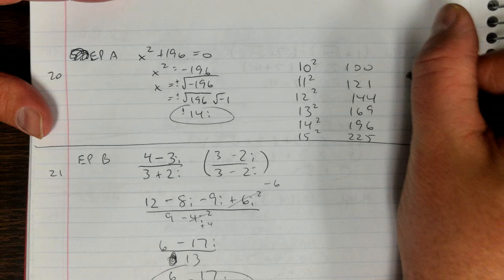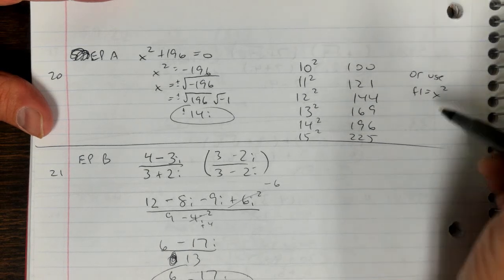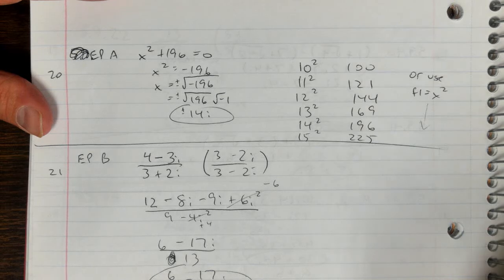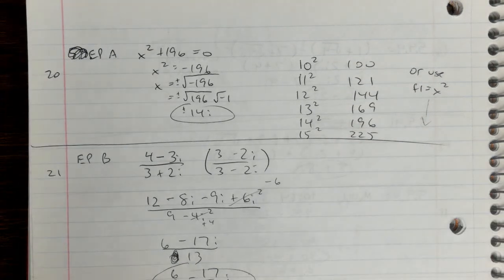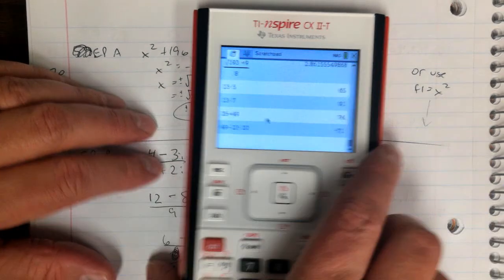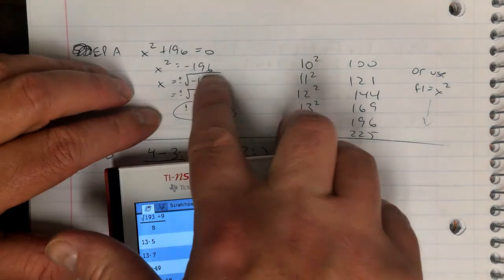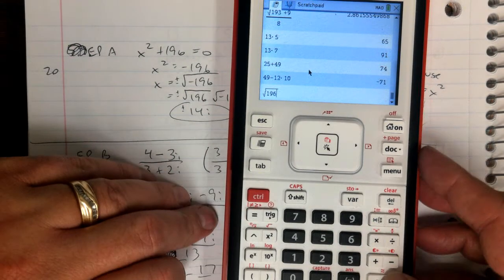Otherwise, use f1 equal x squared and just go through your list and look for 196 and then find the square root. So for example, we had 196. We can just say square root of 196.